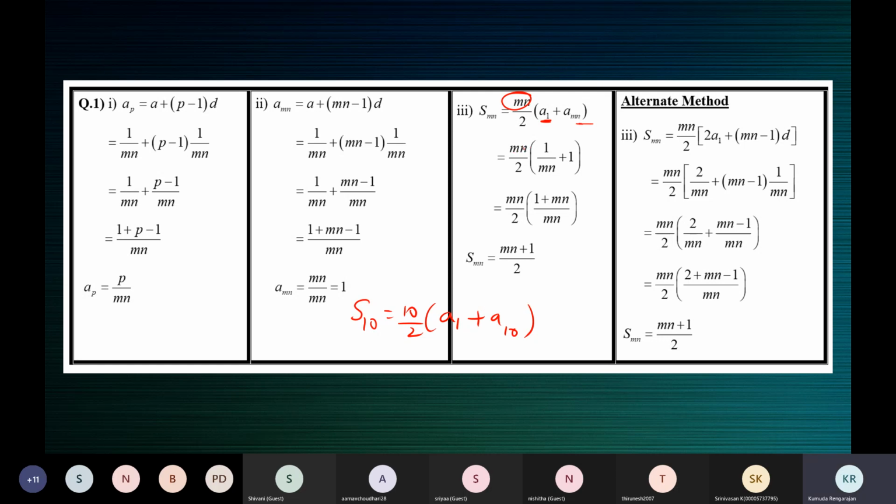So we have to substitute for A1, the first term, which is 1 by mn. And the mnth term we found here is 1.